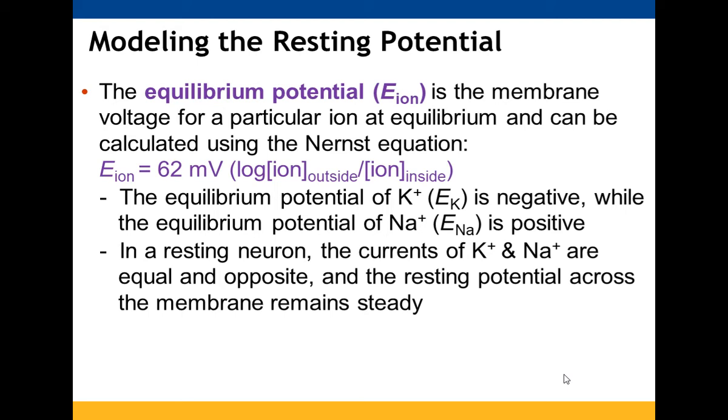For a potassium ion, that equilibrium potential will be negative since you have more ions that have moved out, while sodium, having not left, will have a positive potential. And when you are in a resting neuron, the currents of those two ions are equal and opposite one another. So that resting potential, because they're changing at the same rates, is going to remain pretty constant.